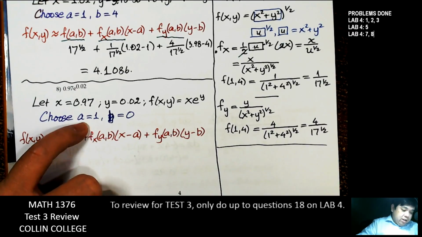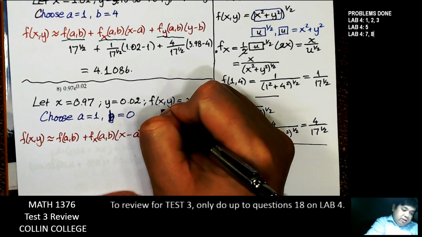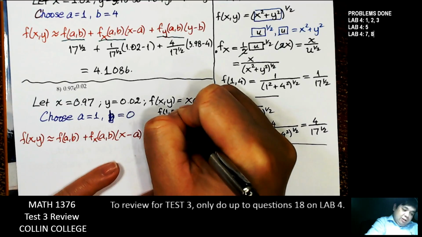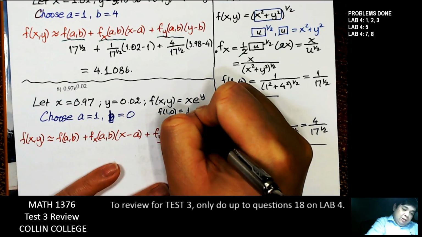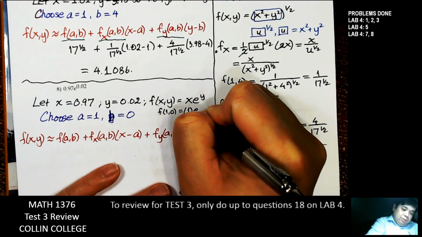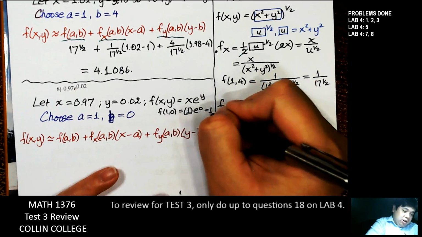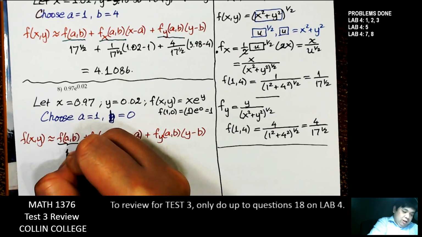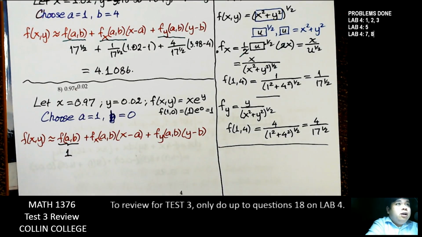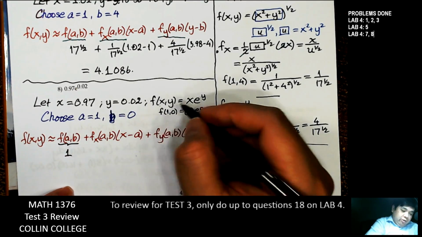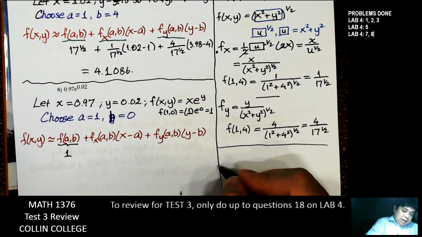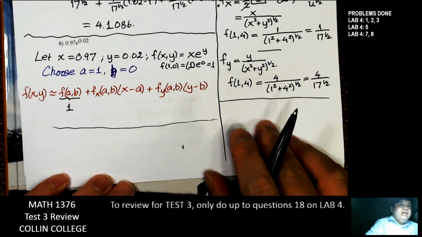If we evaluate at 1 and 0, e to the 0 power is 1, so this is equal to 1. We take the derivative with respect to x. I guess we have to write it down here.